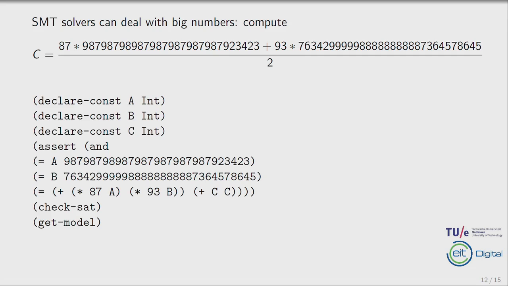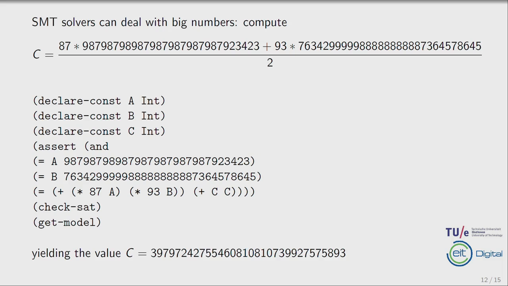We declare a to keep the value of the first big number. We declare b to keep the value of the second big number, and c for the answer. We just say 87 times a plus 93 times b should be equal to c plus c. And if we do check-sat and get-model, we get the result. C is indeed the result of this computation.